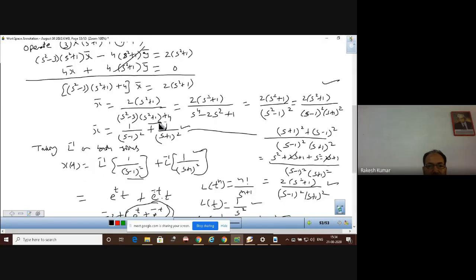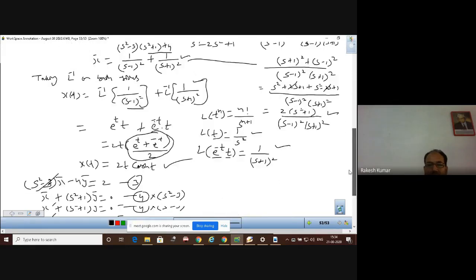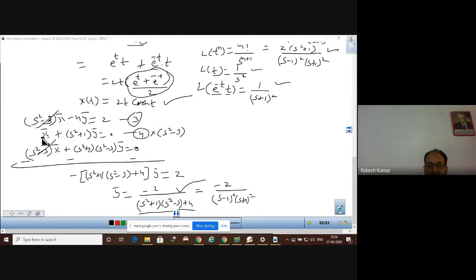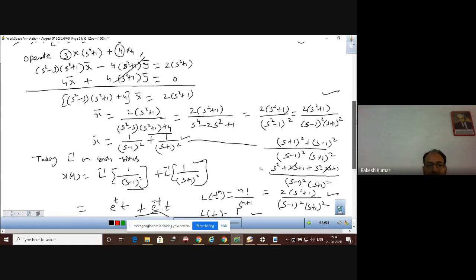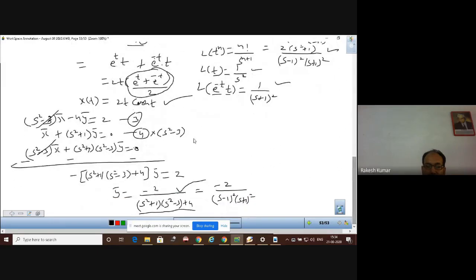You just see, this is the same term we have, and its simplification was this. So you can write down this one. Earlier we have written plus sign. You need to simplify it: 1 over (s minus 1) square and minus 1 over (s plus 1) square. So I think the simplification will be easier now.